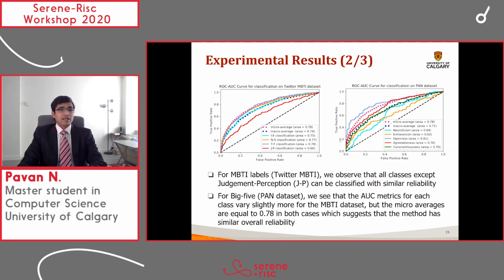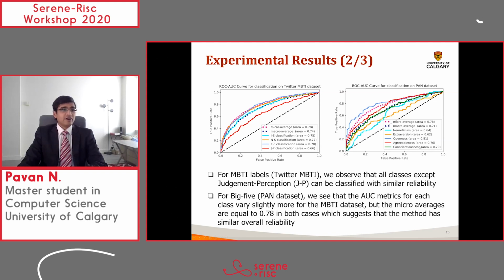To see the reliability of our model, we calculated the area under the curve graph. On the left-hand side is the Twitter MBTI graph, for which we were able to get the AUC of 0.78 on average across all the dimensions. That shows that we have some reliability.